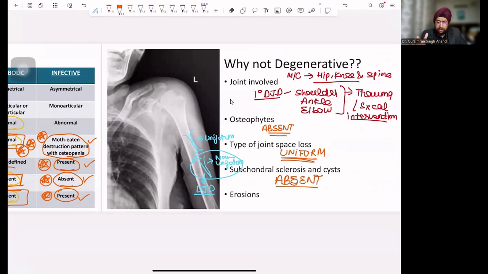And I told you, in degenerative osteoarthritis, erosions have to be definitely absent, but we have erosions present here. We have two types. We have marginal erosions here. This is an erosion on the greater tuberosity of the head of the humerus, so this is a marginal or bare area erosion. Another erosion we see is an intra-articular erosion.